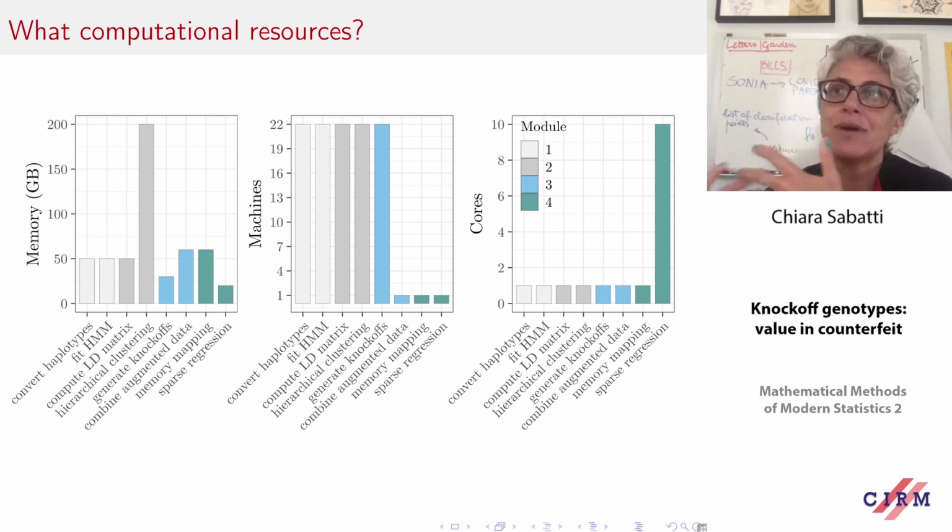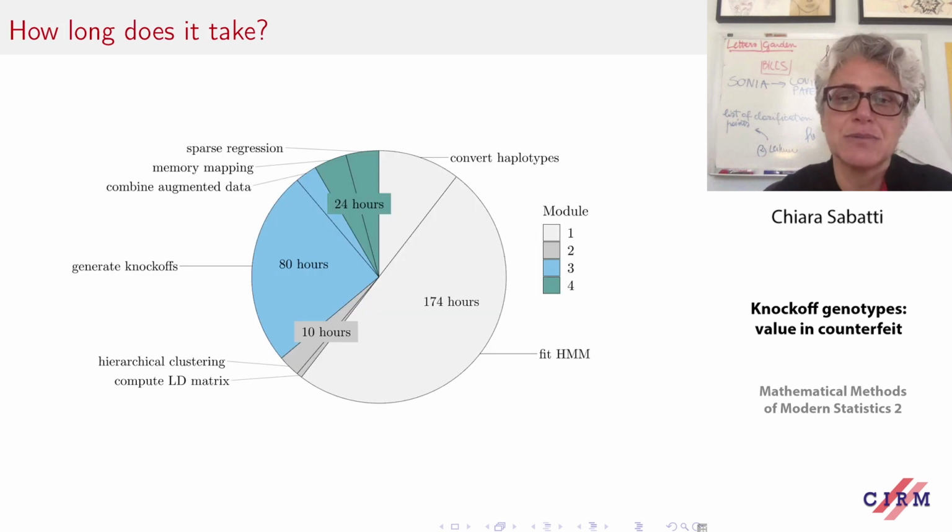So you can imagine that this is a cost that the analyst would bear in any case. Geneticists fit these HMM models to impute SNPs regularly, to phase their data. So we don't really have to add a very serious computational burden on top of what is already done.